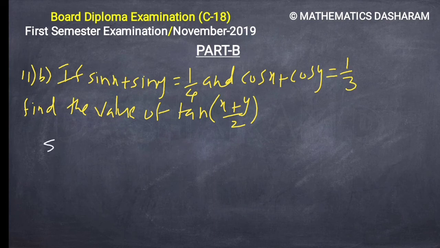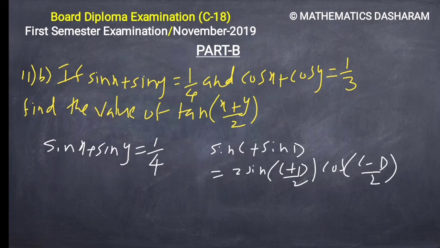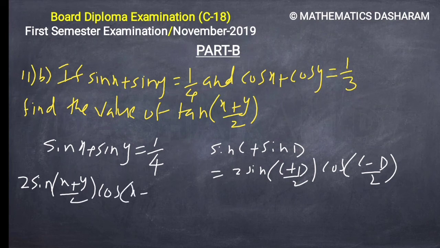First of all, sin x plus sin y equals 1 by 4. Here apply the sin C plus sin D formula, so 2 sin (x plus y) by 2 into cos (x minus y) by 2 equals 1 by 4.